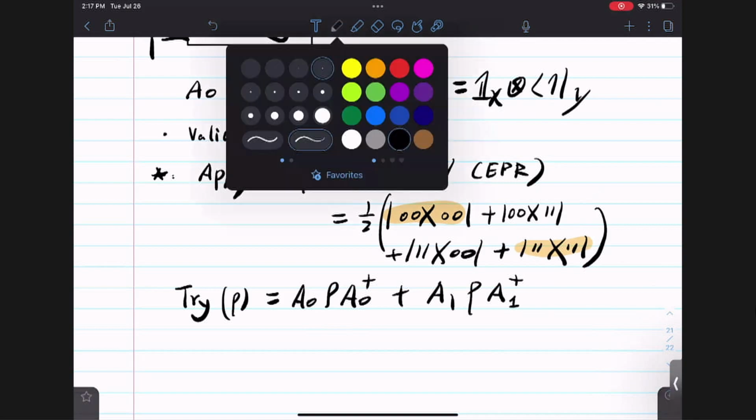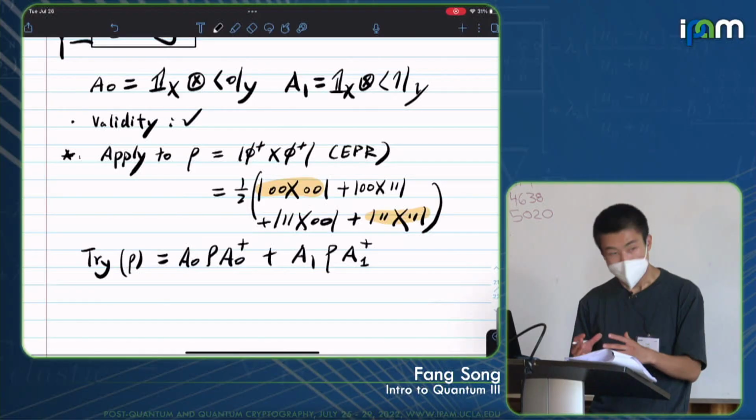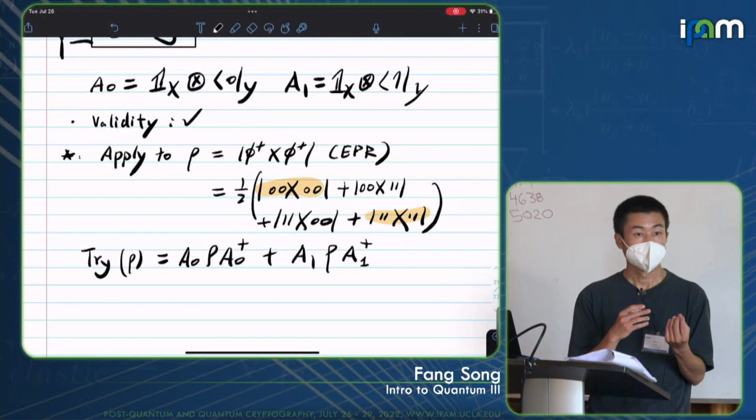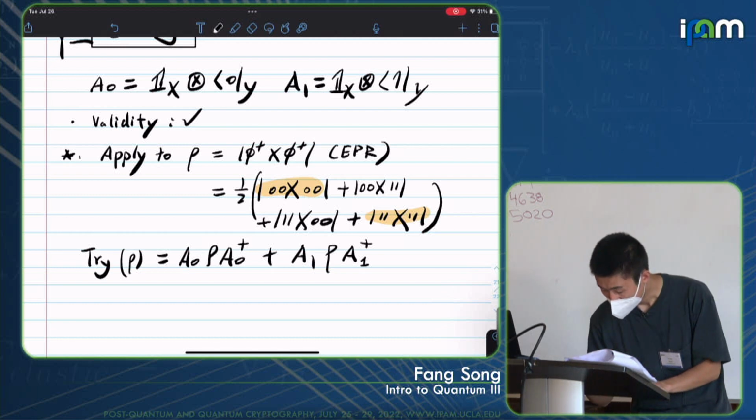And in fact, since we are applying this bra to both sides, the second system will just give us a scalar. If it's 0, this one will kill this 0 and 0, and A1 will kill this 1 and 1.